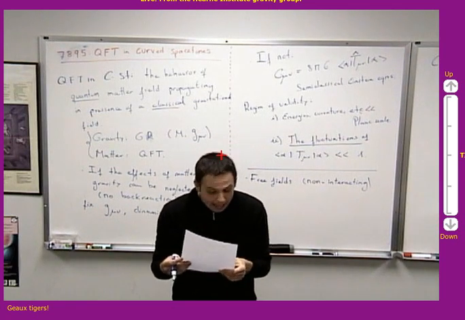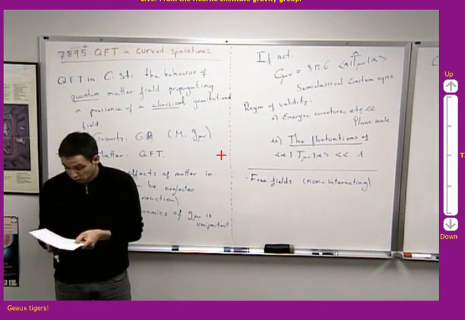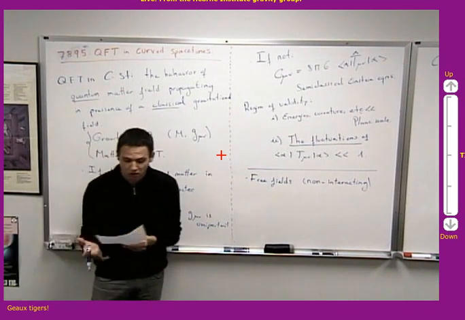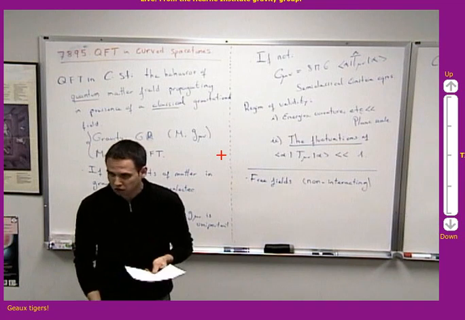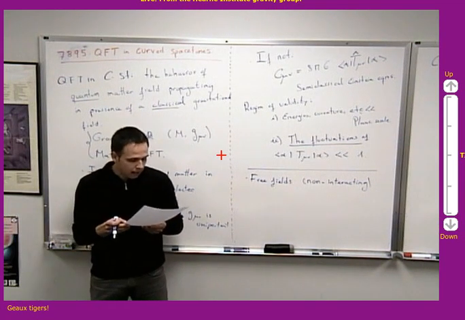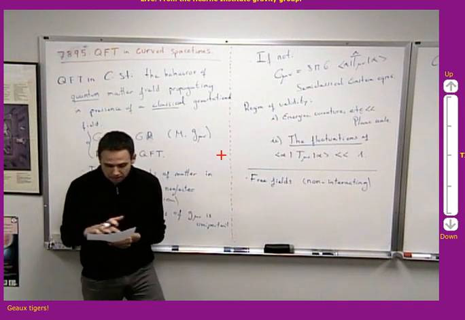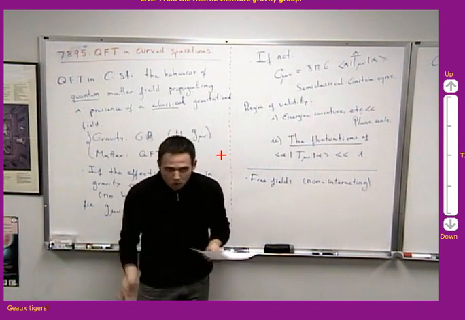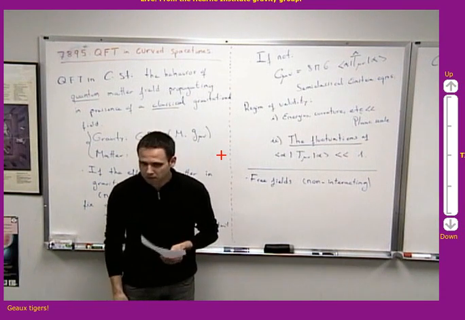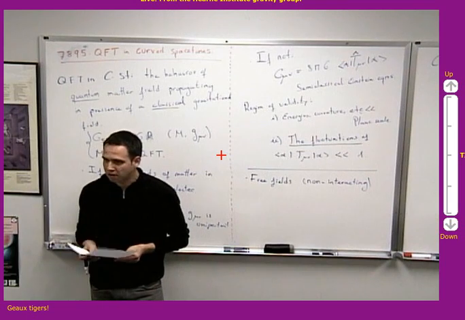And then in 8, I will describe what for me is one of the most beautiful applications, beautiful and important, which is the creation of primordial perturbations in the early universe. Lecture 9 will be about renormalization in curved spacetimes. Renormalization has to do with dealing with the problems arising from the infinitely many degrees of freedom that we have in a quantum field.